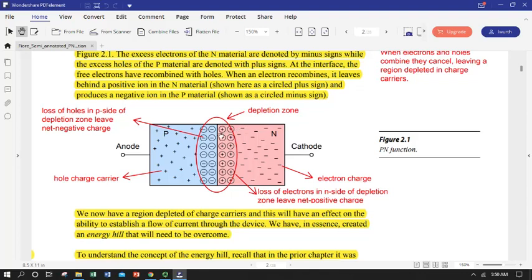So it's plus over here on the N side because we should have had a lot of electrons and now we have nothing. So a neutral charge seems positive relative to a material that wanted to have a negative charge because we doped it negative.